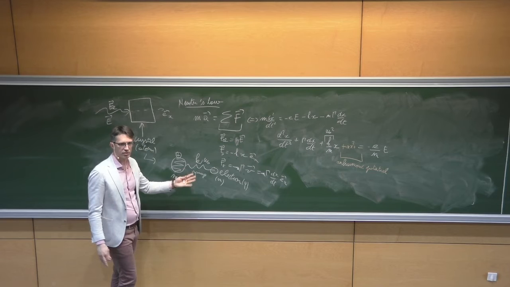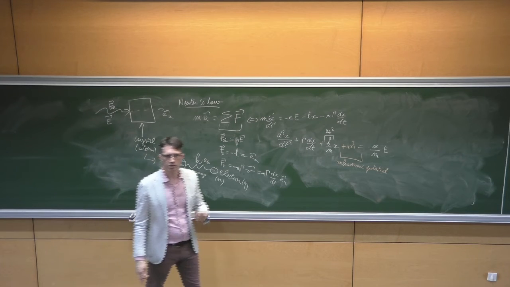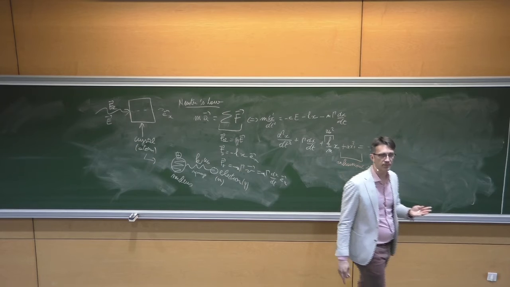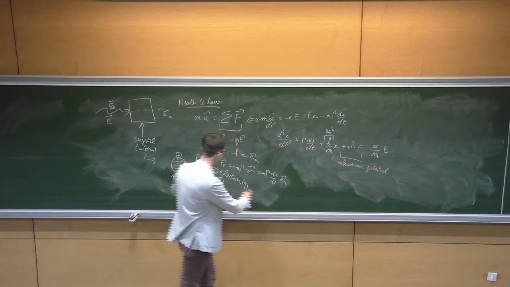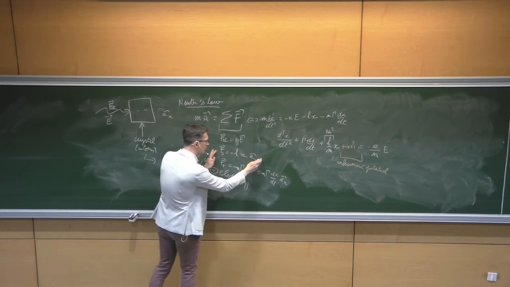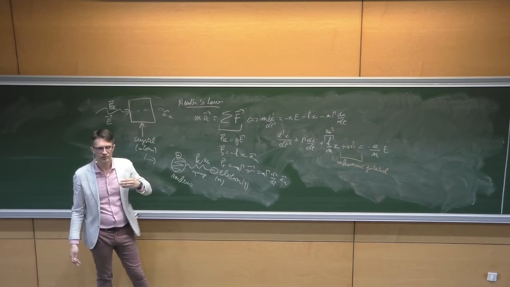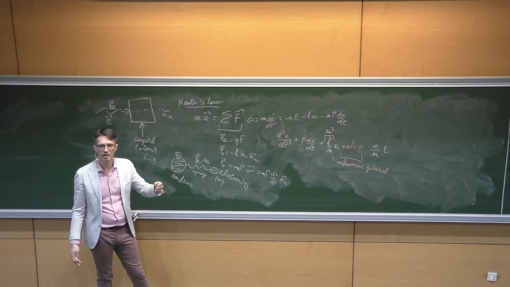It can be a mechanical oscillator, an acoustic oscillator, any kind of oscillator. When it oscillates in this regime of minus kx, it's in the linear regime, so you have a linear dependence with the movement.